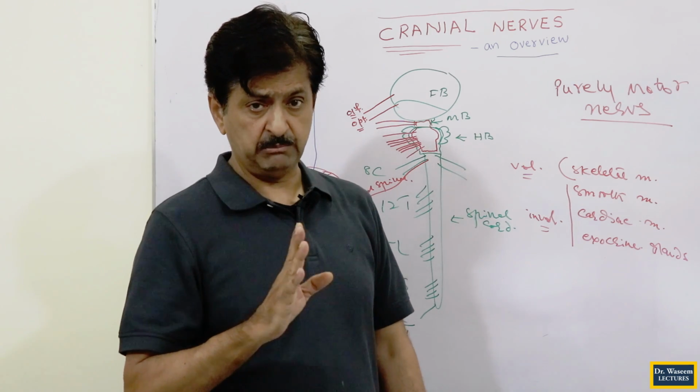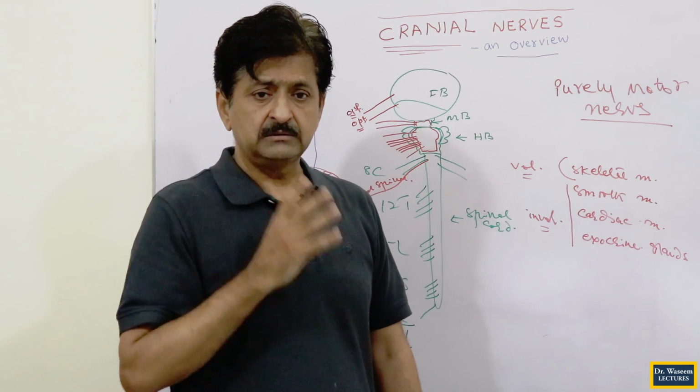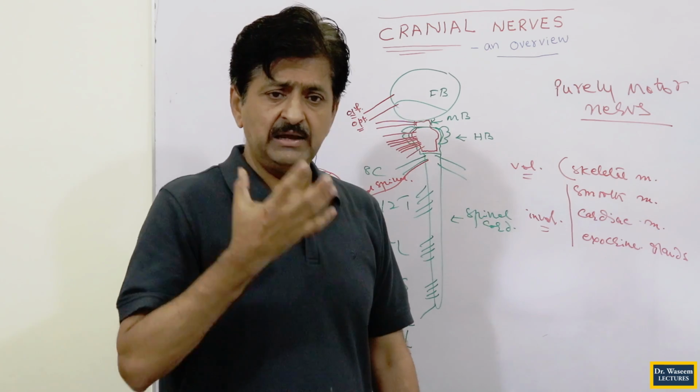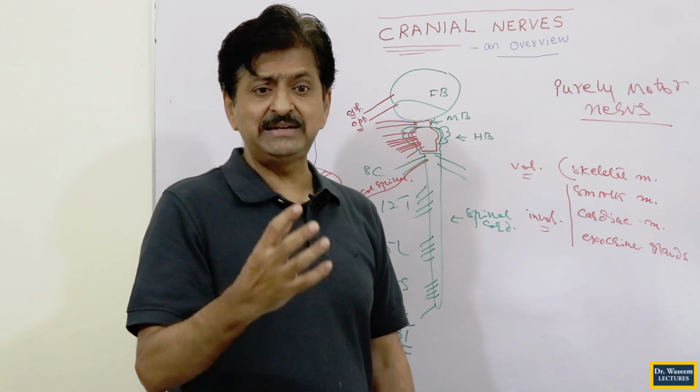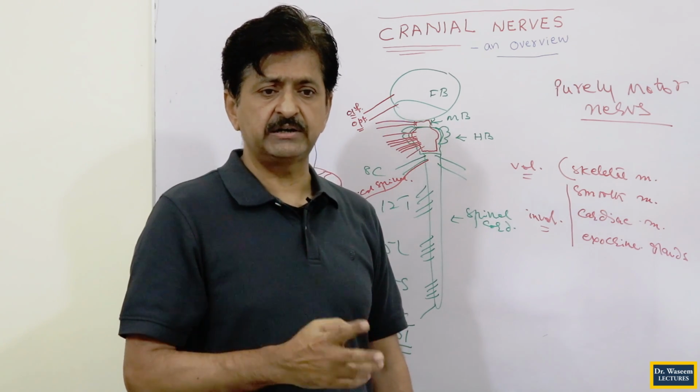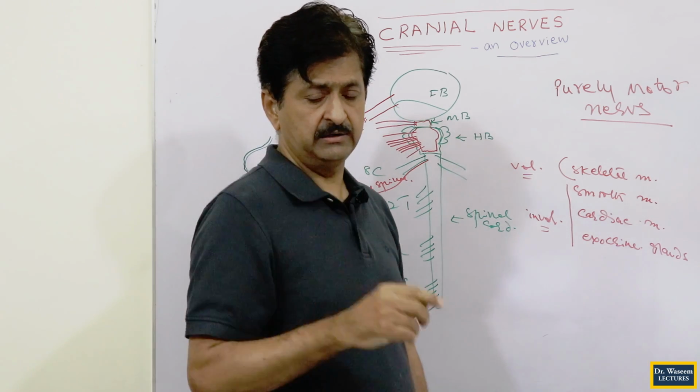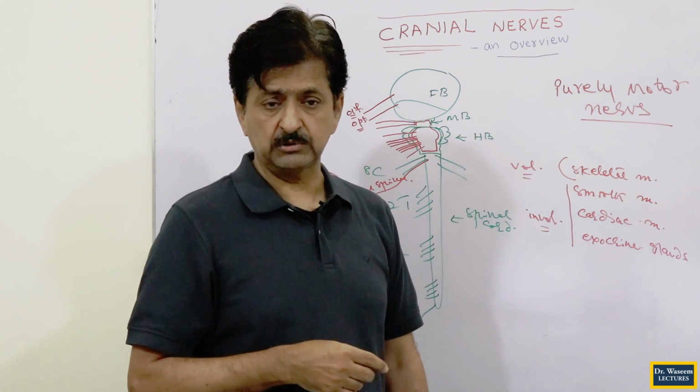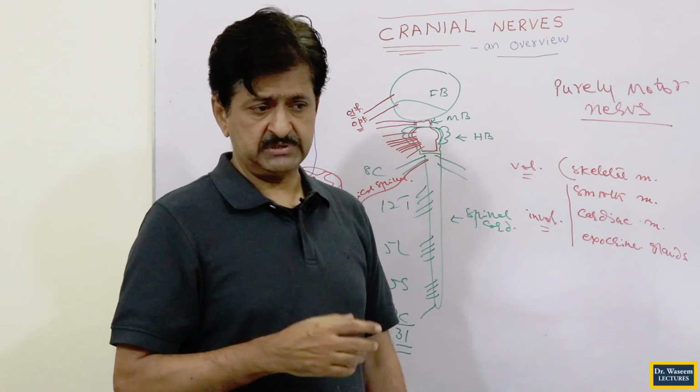Out of these voluntary muscles in the head and neck region, these skeletal or voluntary muscles can be divided into two groups, which you have already seen in our previous lecture about muscles and triangles.